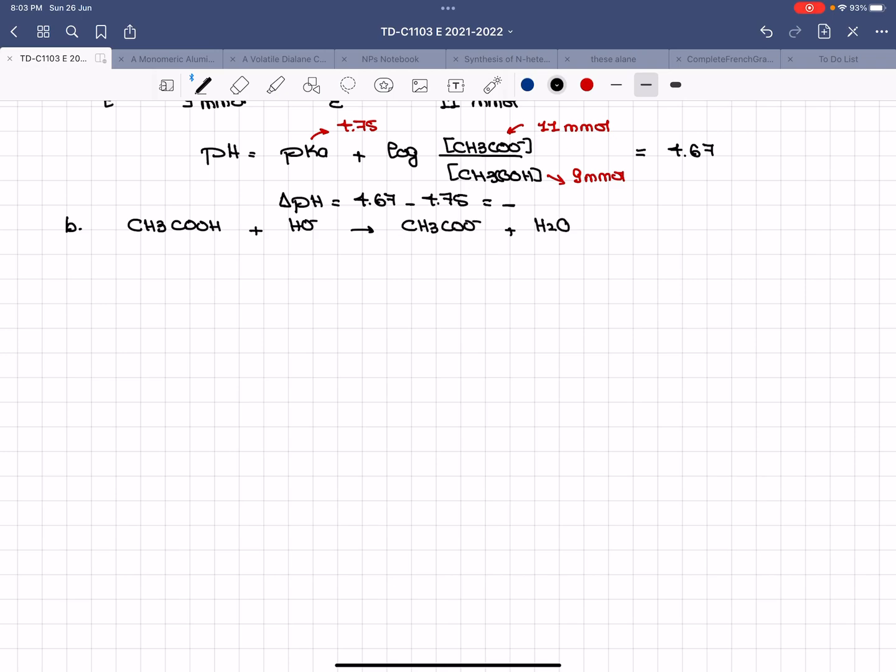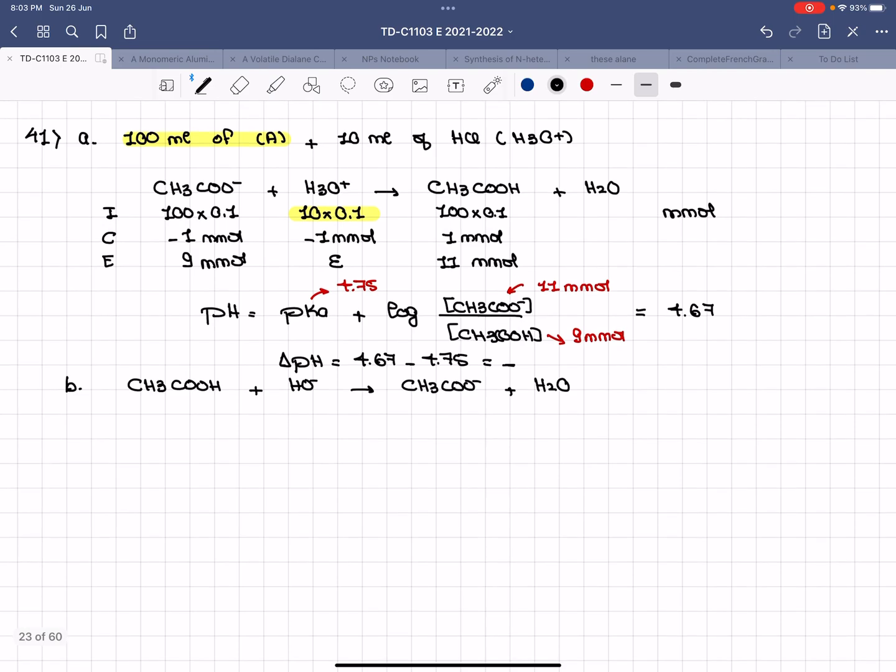Okay, so if the addition of H3O plus in part A decreases the pH, the addition of HO minus in part B will increase the pH. Think about it logically. Why? Because in part A, the acid is actually increasing from 10 to 11 millimole, while the conjugate base is decreasing from 10 to 9 millimole.